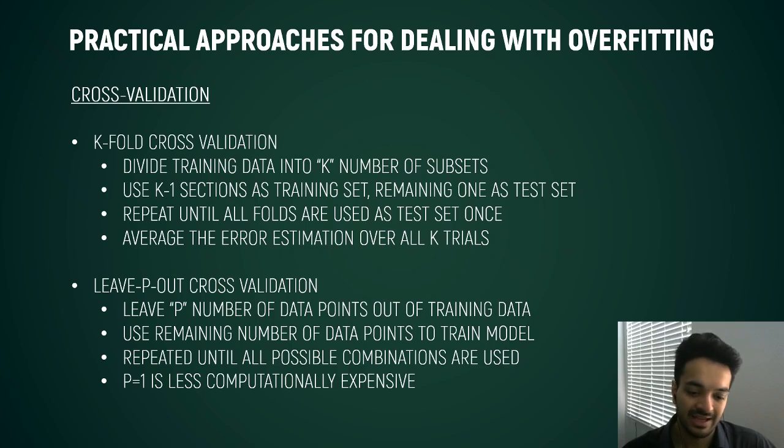Every single way you can create 20 different points as test sets will have to be used, which would be very computationally expensive. So normally people use leave-1-out cross-validation, where you select p as 1, so you just have 1 data point as your test set. If you've got 1,000 points, you'd have to repeat it 1,000 times.